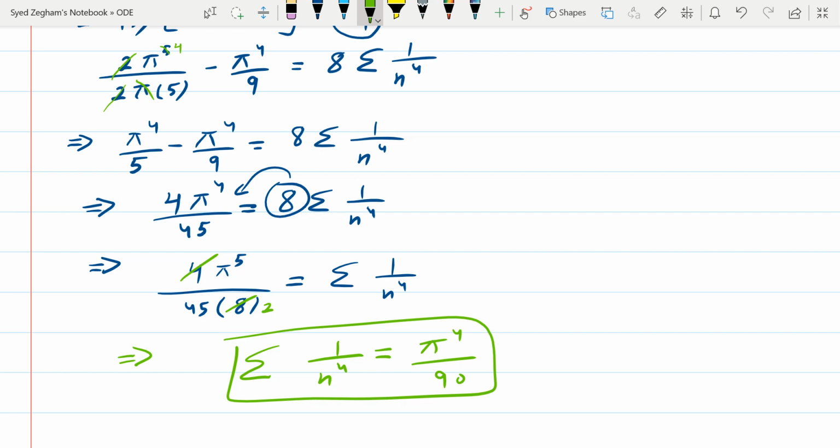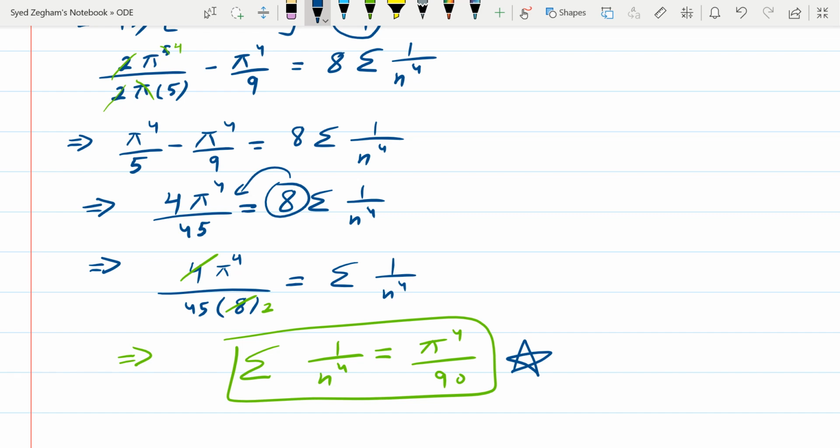There is a writing mistake here, let me correct here, right? This is pi power 4 here. Okay. So this is what they asked us to obtain, right? So we have verified that summation of 1 by n power 4 should be equal to pi power 4 by 90.